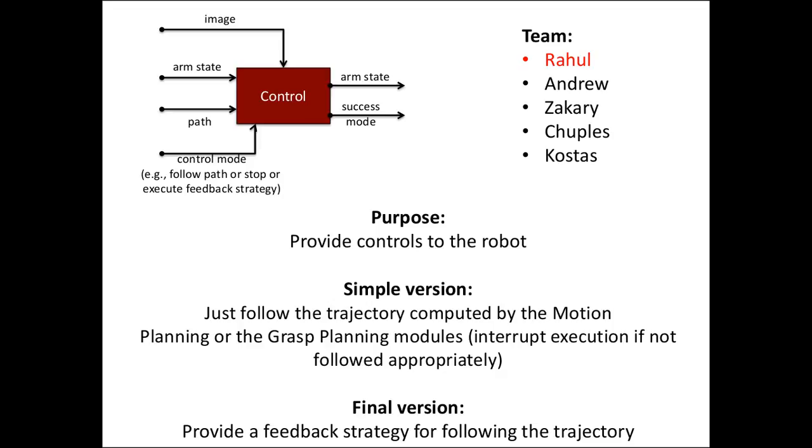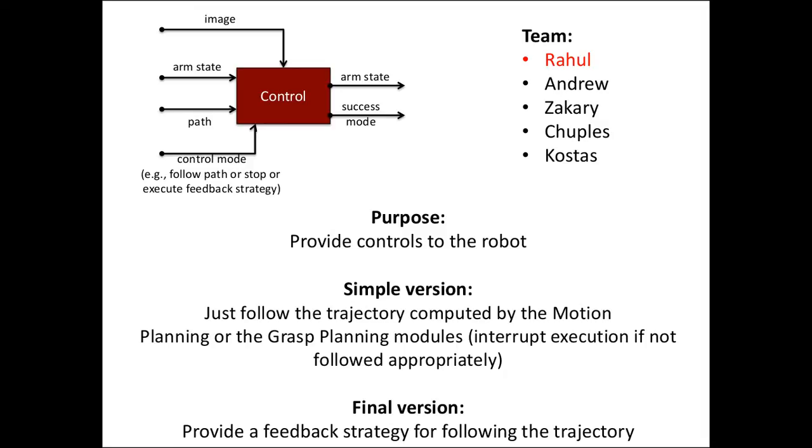Finally, the control module has the purpose of providing controls so that the robot will move, receiving the trajectory sent by the grasp planning or motion planning models. In the simple version, it will just follow the trajectory computed by the motion planning or the grasp planning models.